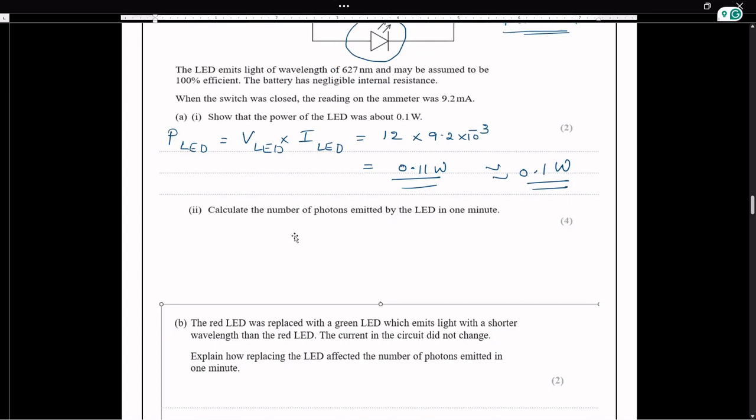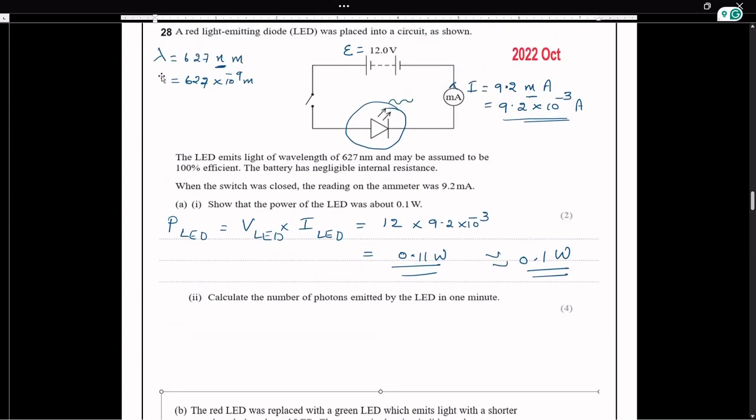Now the next part is calculate the number of photons emitted by the LED in 1 minute. Here, one information about the LED given is the lambda, the wavelength of the light emitted, it is 627 times 10 to the power of -9. From this we can calculate the frequency of the wavelength emitted.